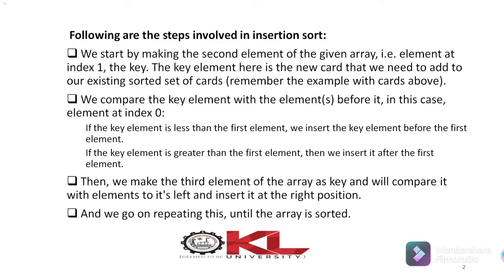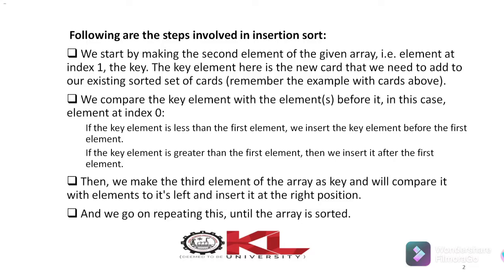If that previous element is greater than the key element, then the previous element is shifted one step right, and that key element is placed in the previous element's place. So that is the first pass.